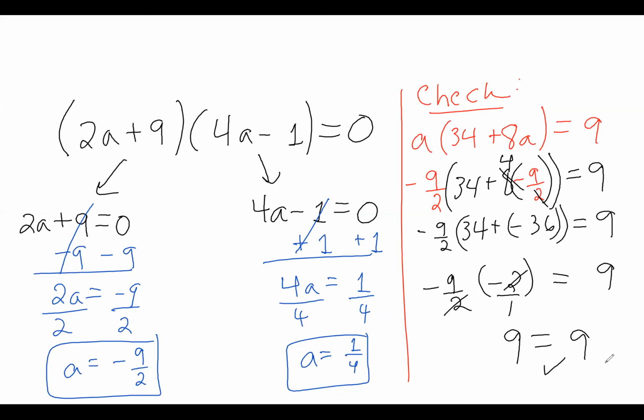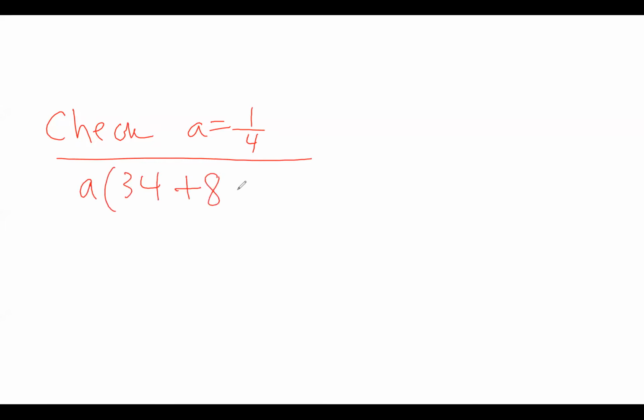Okay, and then we'll also check the 1/4 in a similar way. So we're checking a equals 1/4 as one of our answers. Again, our original problem, a(34 + 8a) = 9. Replacing the a with 1/4 in both of those places.